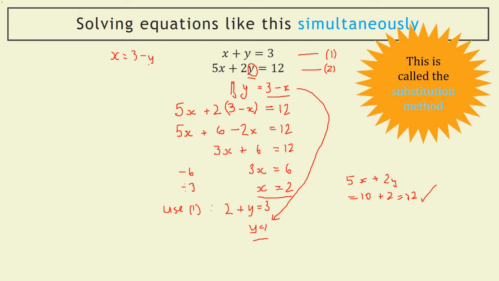I could have then substituted for x instead. I'd then work out y first, because my equation would start out 5 lots of 3 minus y plus 2y is 12. It's still going to work, but I'm going to work out what y is first and then get x at the end.